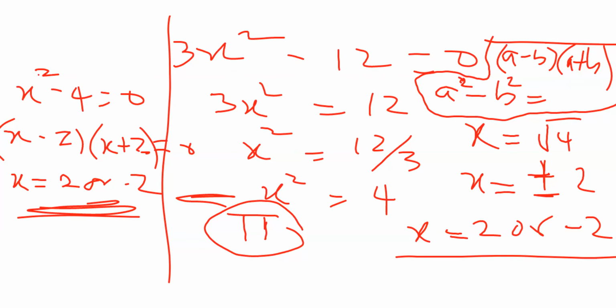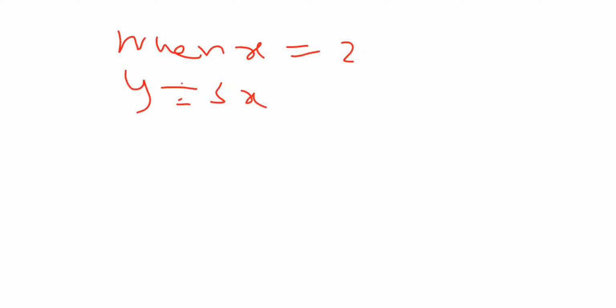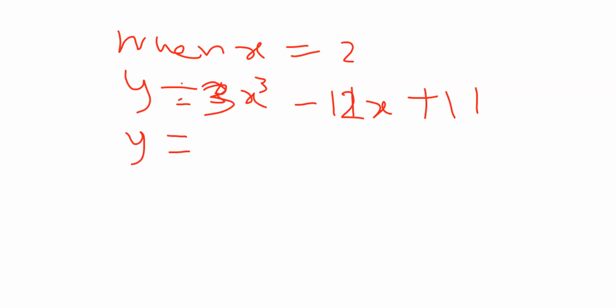We're expected to say when x is 2, y is equal to 3x cubed minus 11x squared minus 12x plus 11, have you? Is that what you got?